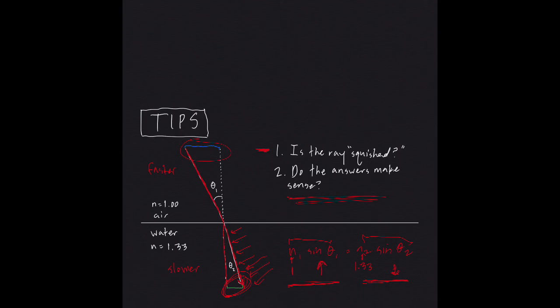So small n with big sine theta 1 will equal big N with small sine theta 2. And that's one way you can confirm and make sure that your answers are correct.